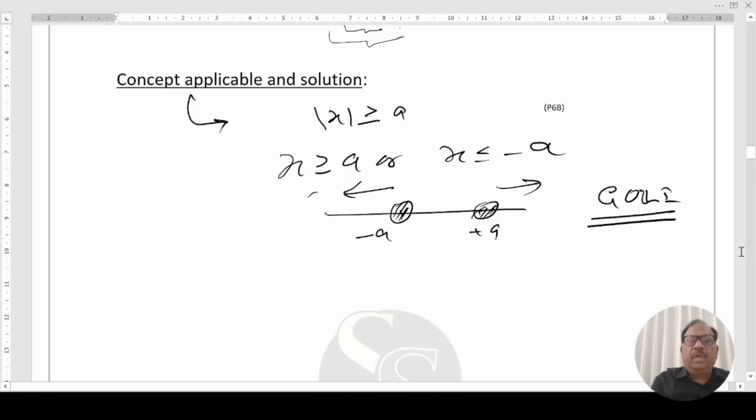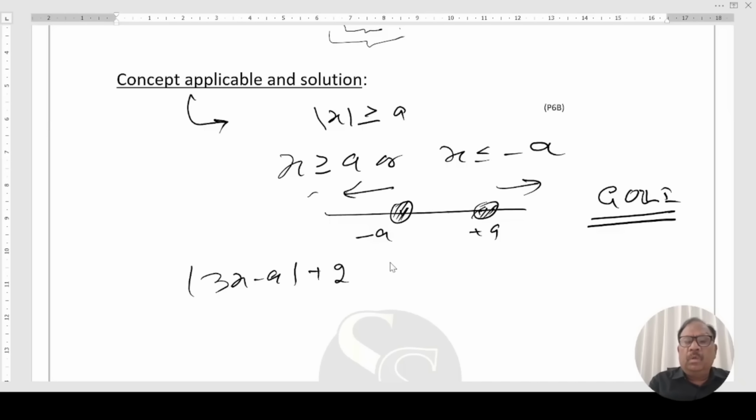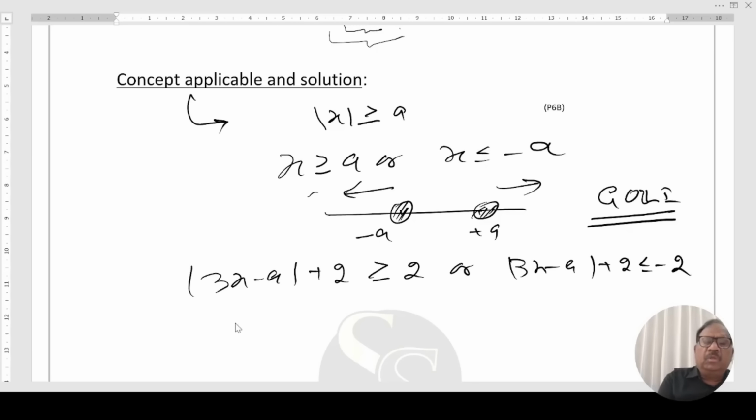We put mod of 3x minus 9 plus 2 greater than or equal to 2, or mod of 3x minus 9 plus 2 less than or equal to minus 2. If we solve this, mod of 3x minus 9 is greater than or equal to 0.